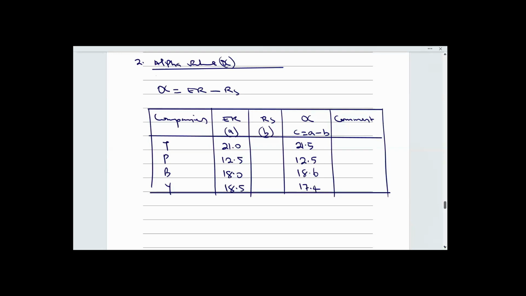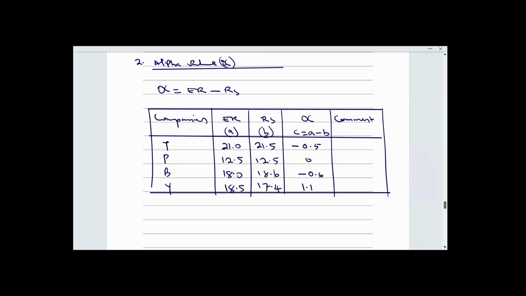So find me the difference. This should be minus 0.5, then 0, then minus 0.1, then 1.1 positive.